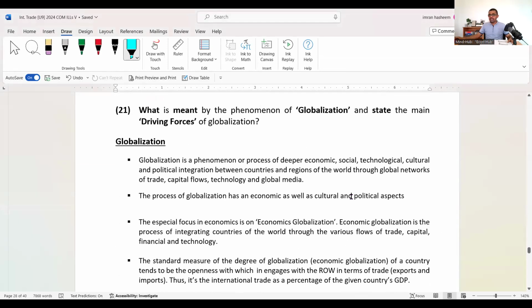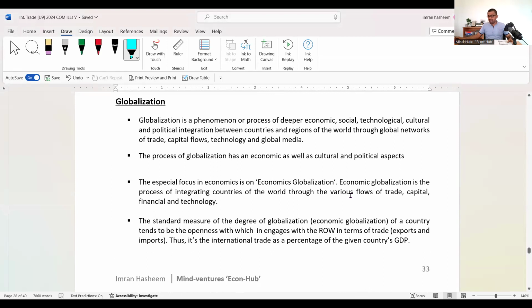Okay, right. Globalization, I've given a good definition here. Globalization is a phenomenon or process of deeper economic, social, technological, cultural, and political integration. Integration is coming together, right?